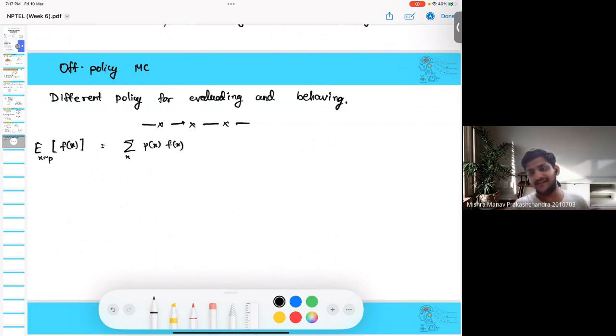This is how I compute an expectation. And if I want to do it in a sample based manner, I can write it as approximately 1 by n sigma p(xi) f(xi). Okay, this is how I can approximate this particular expectation.